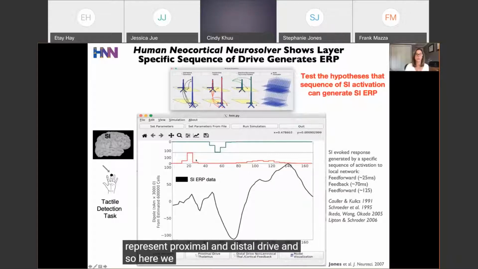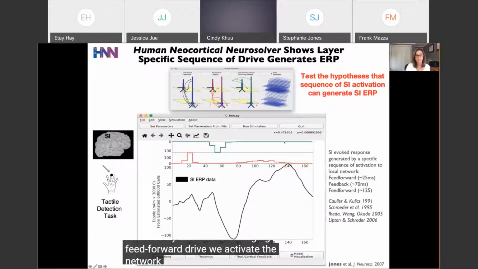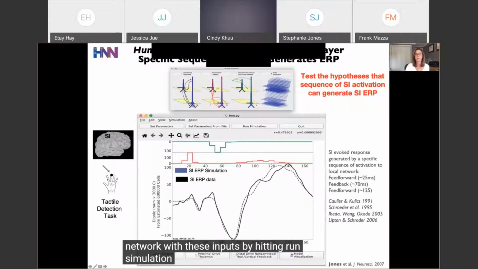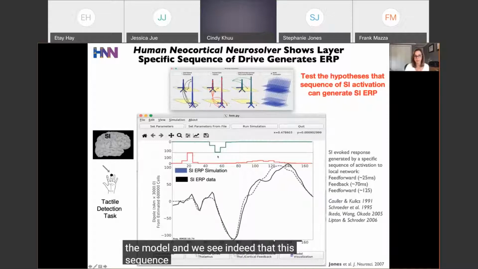So here we have a histogram of feed-forward drive, followed by feedback drive, followed by this late re-emergent feed-forward drive. We activate the network with these inputs by hitting Run Simulation, and we look at the output of the model, and we see indeed that this sequence of input was able to reproduce the tactile evoked response.